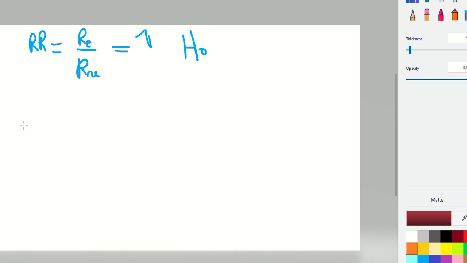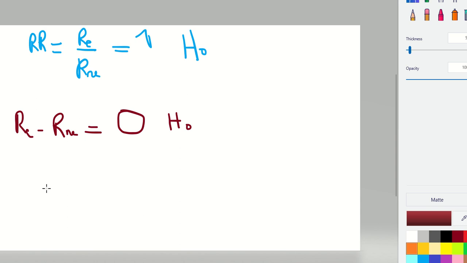However, if you're looking at a difference, so the risk in the exposed minus the risk in the non-exposed, as a risk difference, in this scenario the difference will be equal to 0 according to the null hypothesis. And in that scenario, in the confidence interval for the risk difference, you would be looking at whether it crosses 0 or not. Okay? So every time there is a ratio, you look for 1. Every time there is a difference, you look for 0. It doesn't have to be risk.